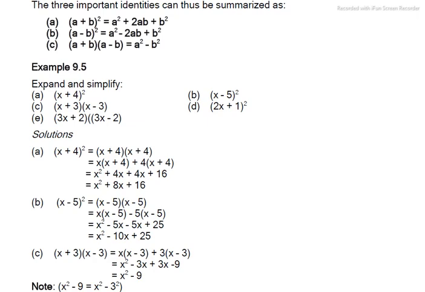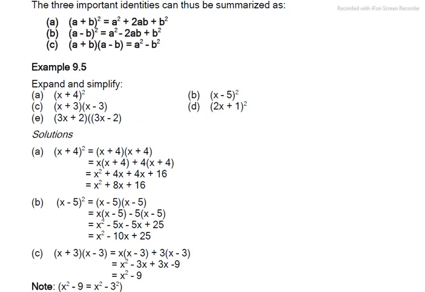The same applies for (a - b) squared. You come up with a squared minus 2ab plus b squared. Those are perfect squares. Then, what if we have two brackets? One is for the sum multiplying another of the difference.